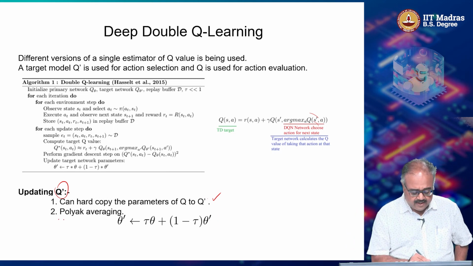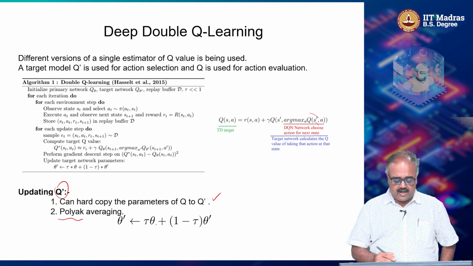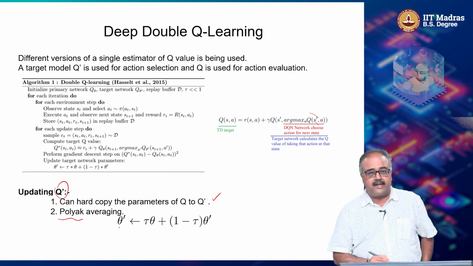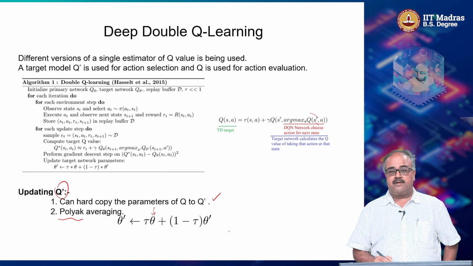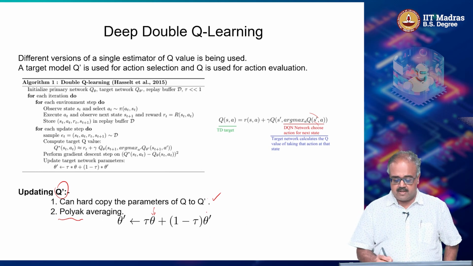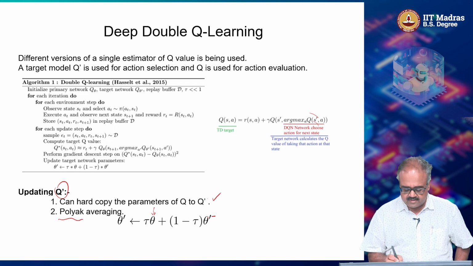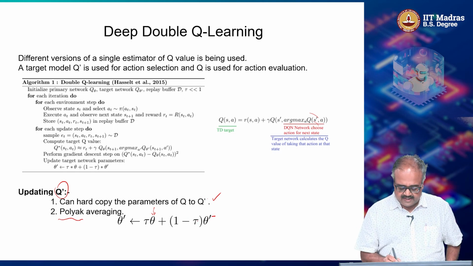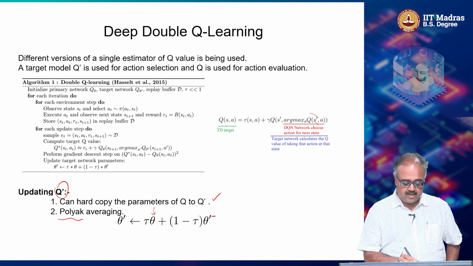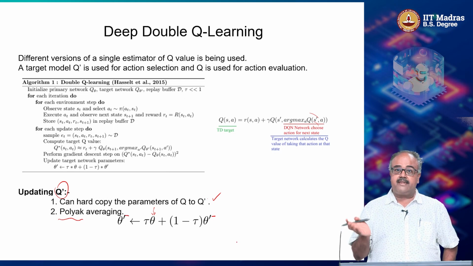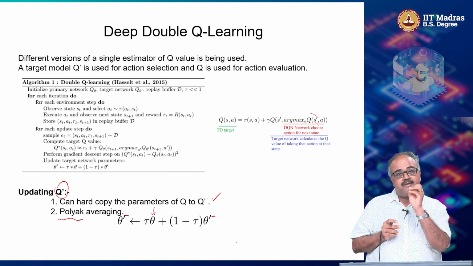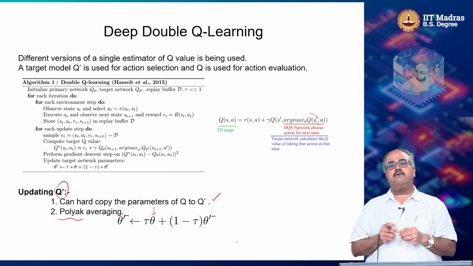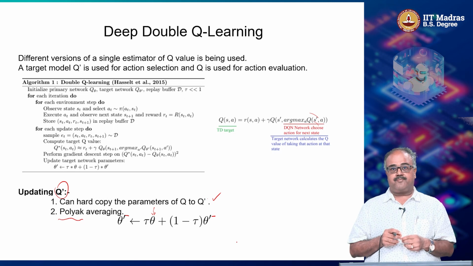The second way of doing it is called Polyak averaging, where we want to update theta t, right. So, we look at the current theta and some small fraction of the current theta we add to the theta t network, the theta prime network. This is basically theta minus, and that is the current theta. So, instead of copying theta over to theta minus every 1000 steps, I am going to copy a very small fraction of theta over to theta minus in every step. Okay.